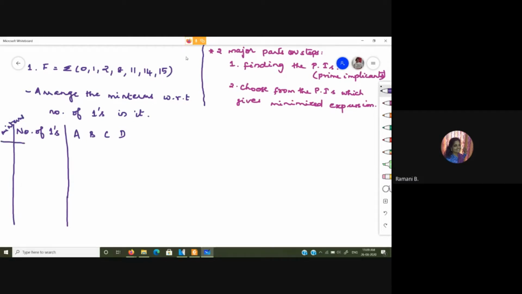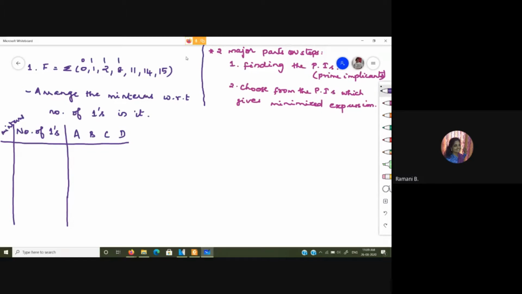So with 0, we know that there are no ones, so it is the 0 ones category. Then with 1 you have 1 one. For 2 also you have 1 one. That is, 1 is 0 0 0 1, 2 is 0 0 1 0, and 8 is 1 0 0 0.